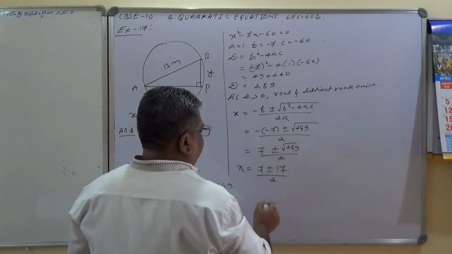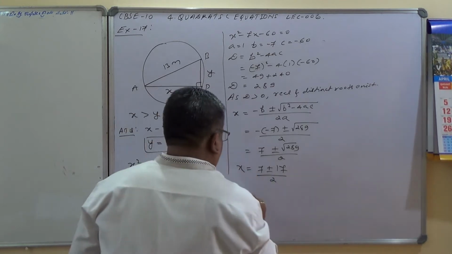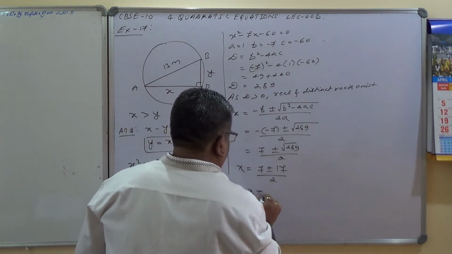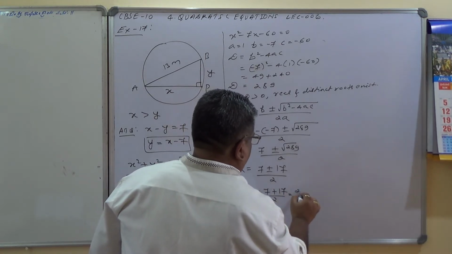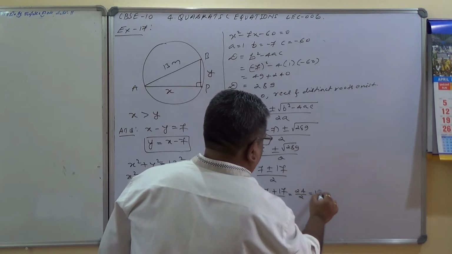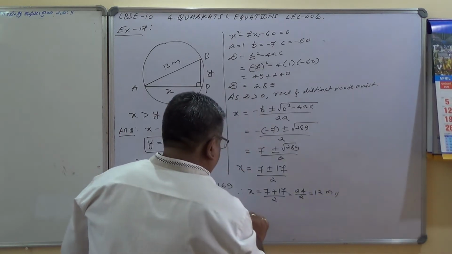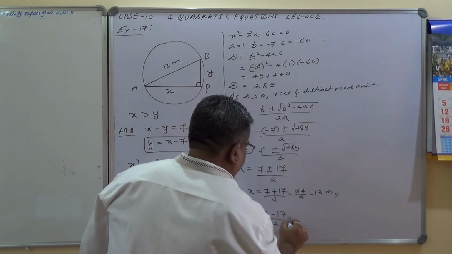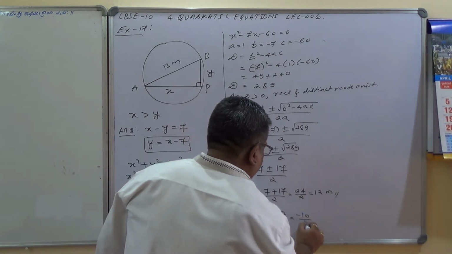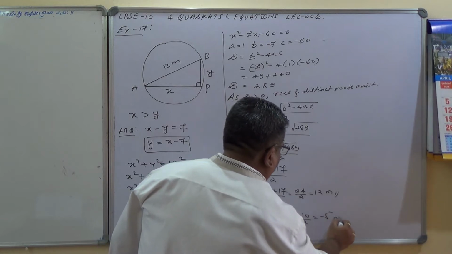Therefore, there are two values for x here. x equals 7 plus 17 divided by 2, 24 by 2, which is 12 meter, and x equals 7 minus 17 divided by 2, minus 10 by 2, minus 5 meter.